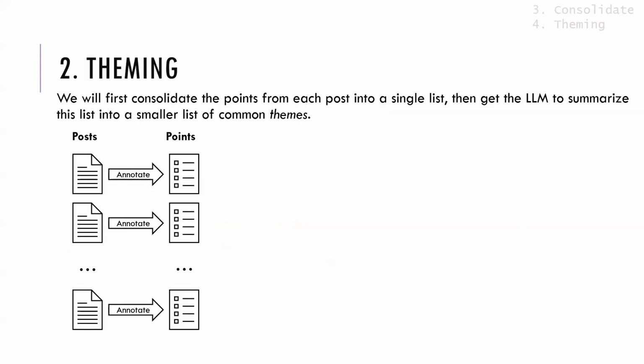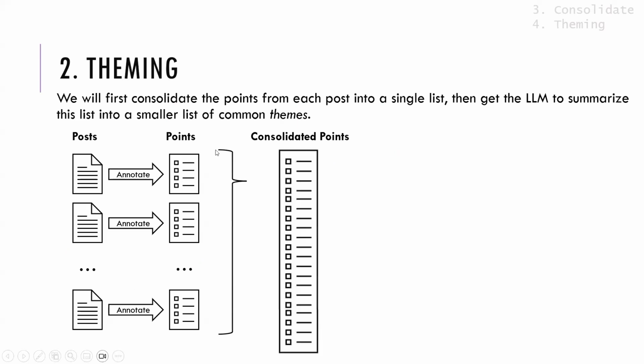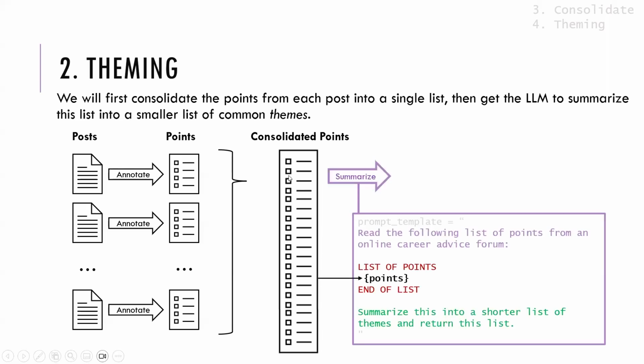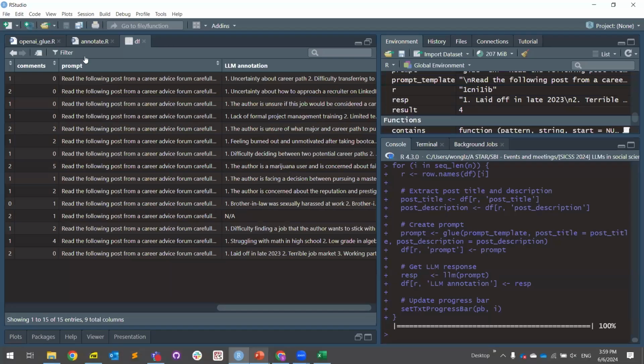Now that we have done that, we will group all these lists of points together and try to extract a list of themes. This is what we have done on the left-hand side: for each post, we have a list of points. I'm going to consolidate them all into a single list, and then ask it to summarize that list of points. So we go over to the code.